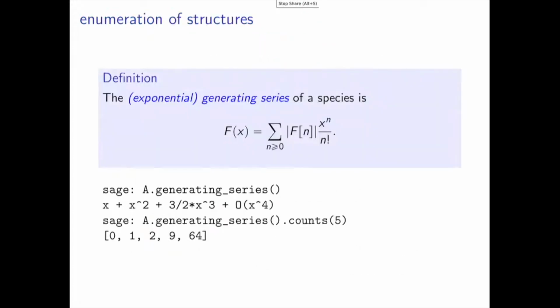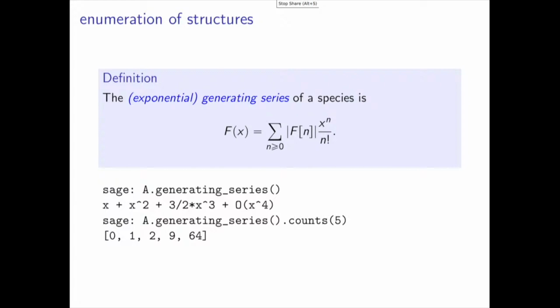Okay, one way to use species, possibly not the most interesting, is that we can assign generating functions to them. And remember, I insisted on the square brackets for the species. For the generating function, it's customary to use ordinary parentheses.